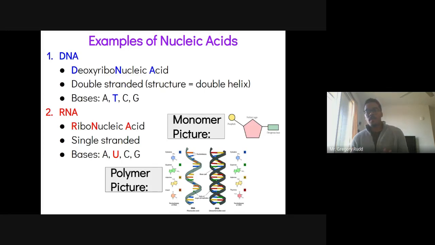Even within RNA, there are different types of RNA, and we'll talk more about some of them. There's tRNA, mRNA, rRNA. There's also what's called mitochondrial DNA. So there are some other types of nucleic acids, but the two general classes are DNA and RNA.